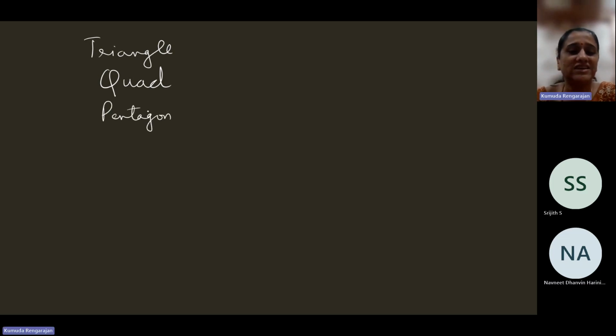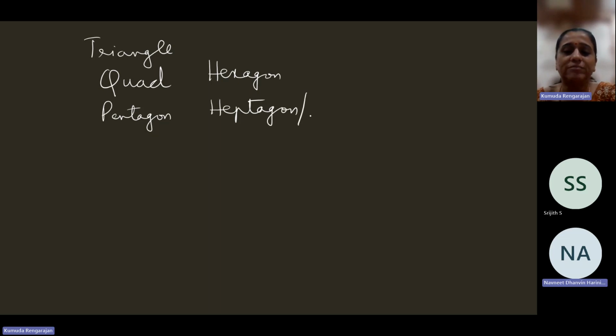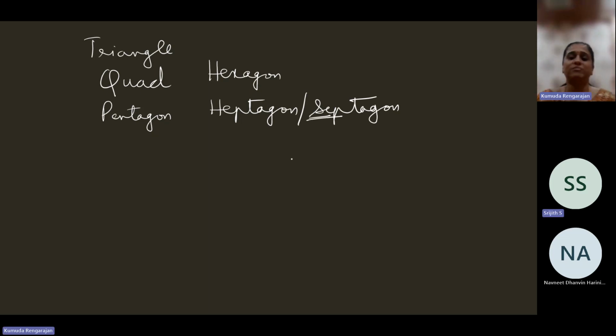A polygon with 6 sides is called a hexagon. A polygon with 7 sides is called a heptagon, or you can also call it a septagon. Septagon or heptagon.